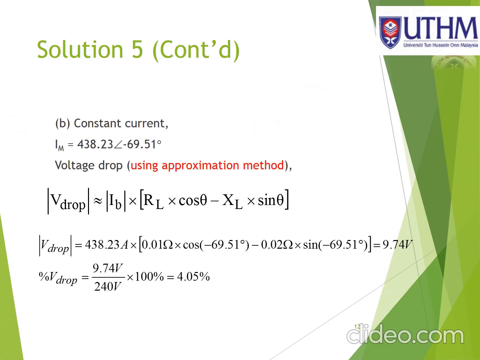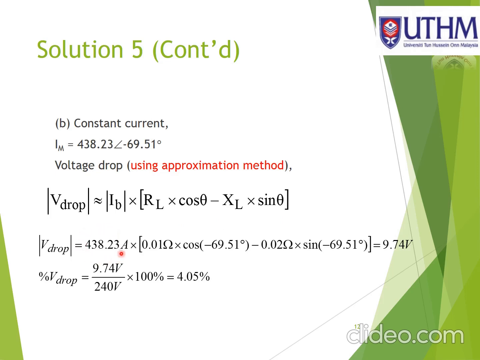Next we go to solution example number 5 part B, which is constant current. We get the Im from the previous solution, and by using the approximation method for voltage drop, we can get the value of voltage drop for constant current. This is the formula. We just put all the values.